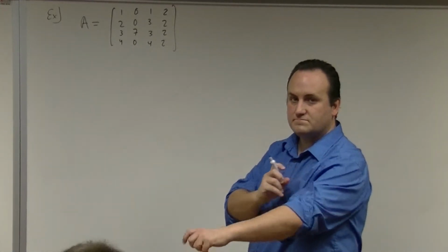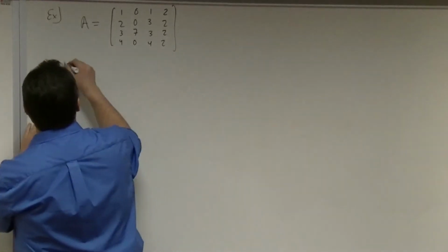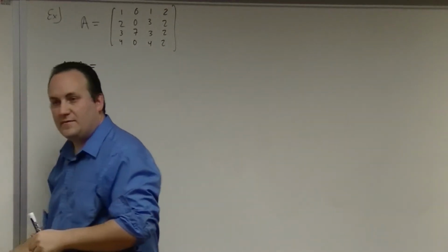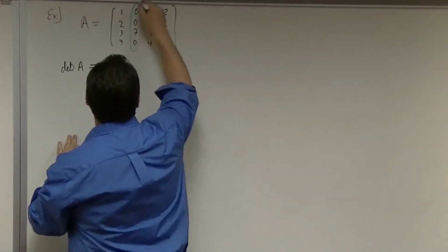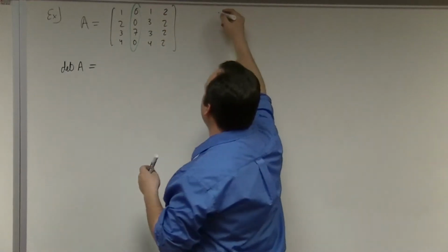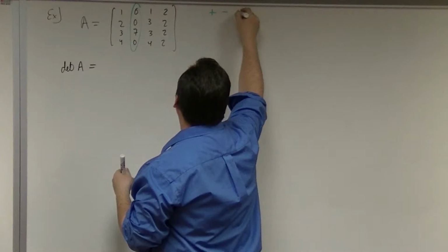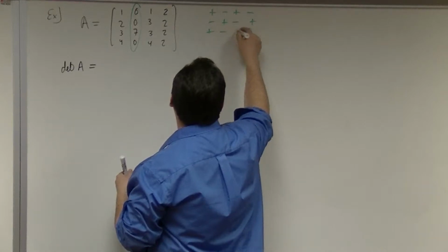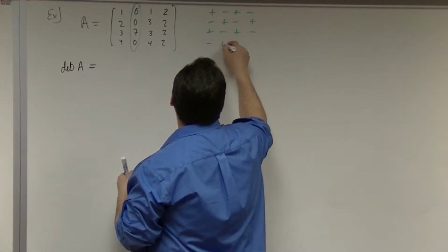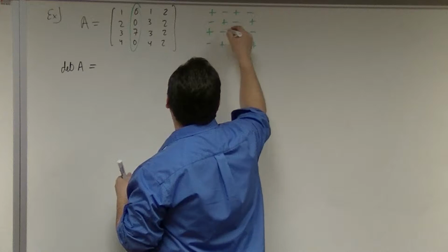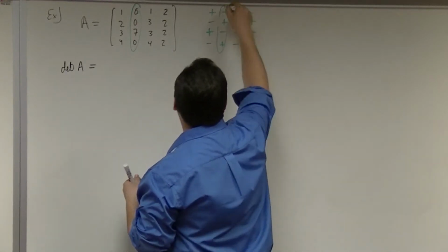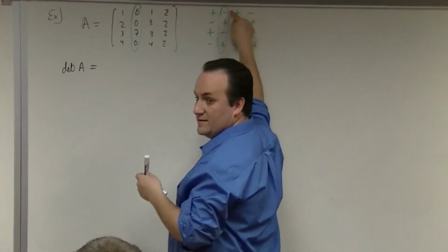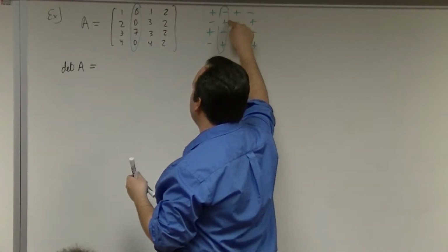Okay, so the determinant of A, the way to do this is to capitalize on the column of zeros. That makes for the least calculation. Let's see here, I've got plus, minus, plus, minus, and so on. I don't need to write all these out in general; I'm writing this out to help you guys get started. So we're doing the expansion on that column. I have a minus, a plus, a minus.